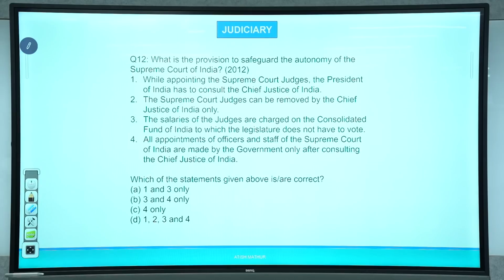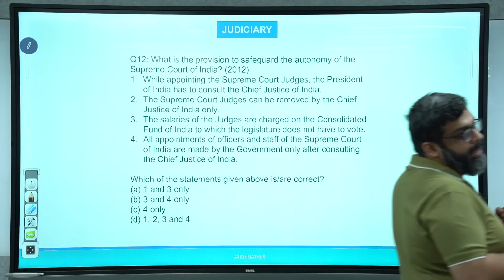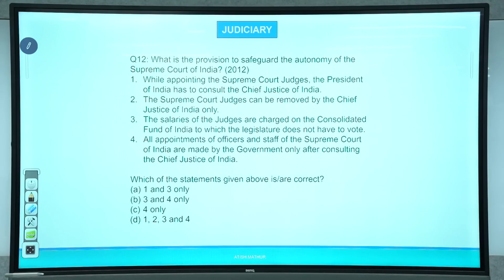The salaries of the judges are charged on the CFI, to which the legislature does not have to vote. All appointments of officers and staff of the Supreme Court are made by the government only after consulting the Chief Justice of India. Now, this is a good question.